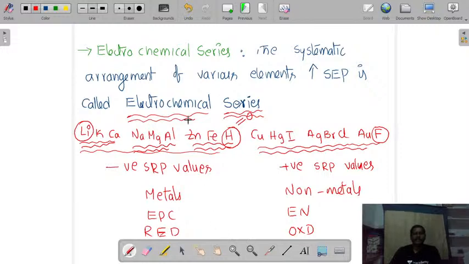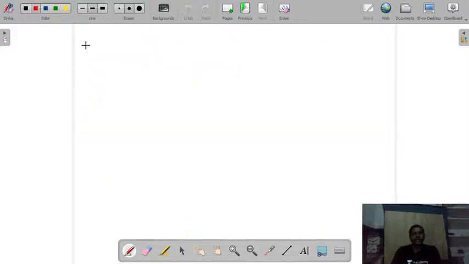Okay, so as SRP value increases from top to bottom, or from lithium to fluorine, as SRP value increases.